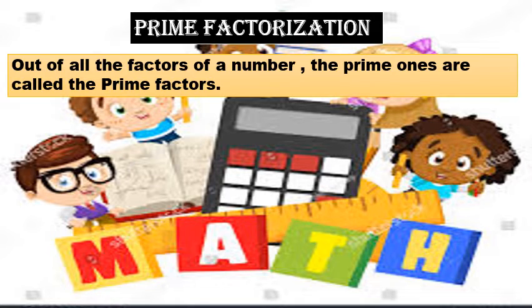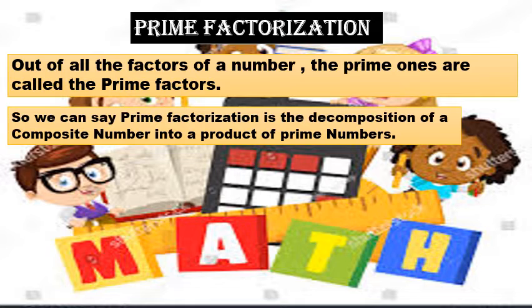Children, now you all know about factors in detail. Out of all the factors of a number, the ones which are prime are called prime factors. So we can say that prime factorization is the decomposition of a composite number into a product of prime numbers.